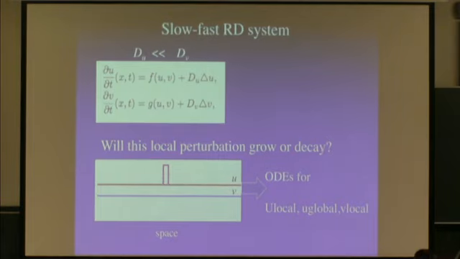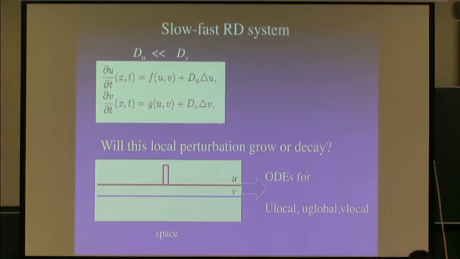So essentially, what is it? So remember, we've got, for example, this pair of PDEs with very different rates of diffusion. What we're going to ask is a very simple question. Suppose we have the uniform steady state of that set of PDEs, and we superimpose an arbitrarily tall but very narrow pulse.